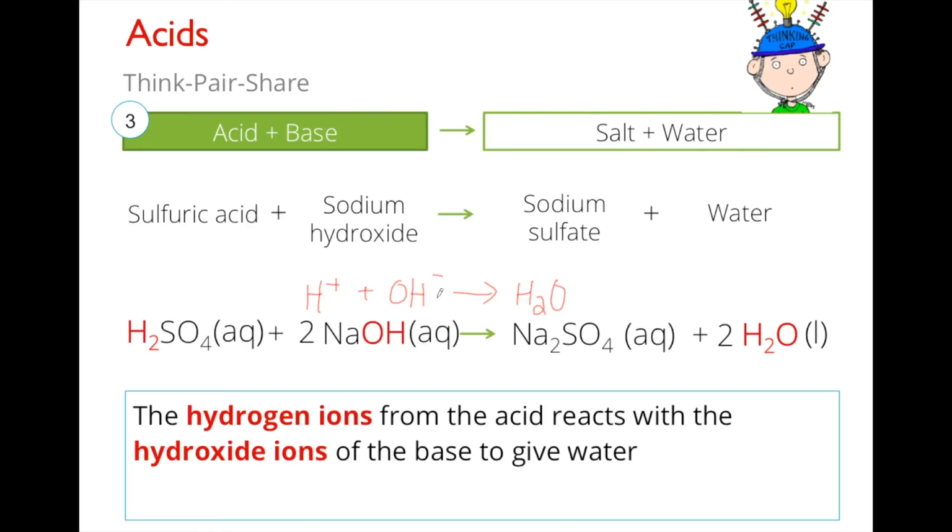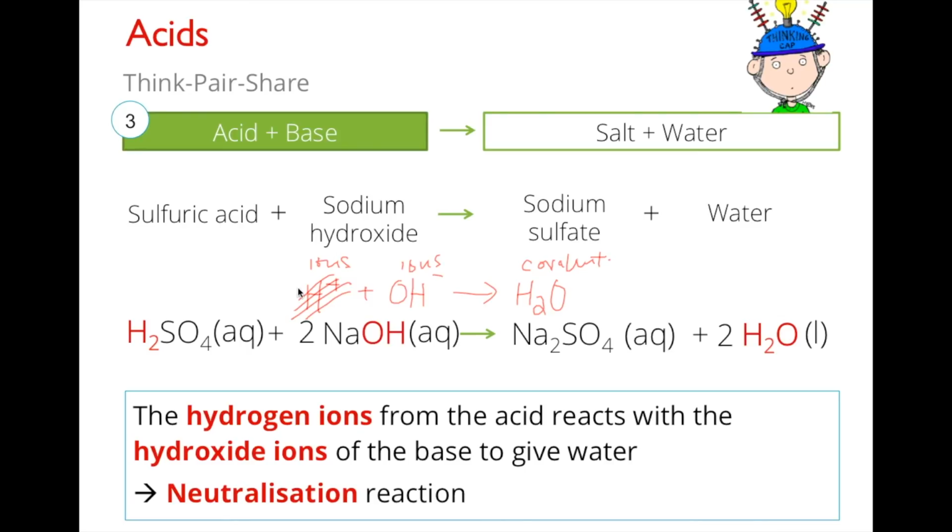Okay, so this is the case where two ions came together and form a covalent compound. So remember this is covalent, but these are all ions. If you notice in this reaction, I'll use up my H+, which is what gives an acid its acidic property, right?